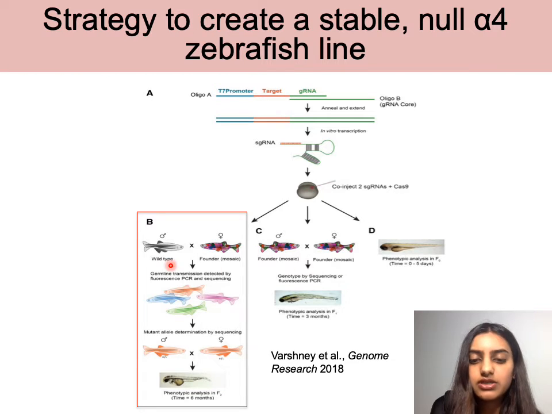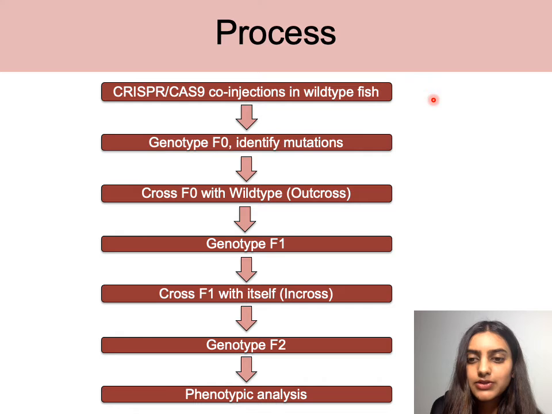In order to do this, I needed to perform a series of crosses with the mosaic fish until I got a generation of fish that were homozygous for the alpha-4 knockdown mutation. Then I could go ahead and do analysis on the behavior and phenotype. So here's a schematic of the process that I used.